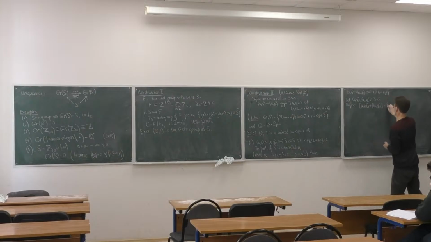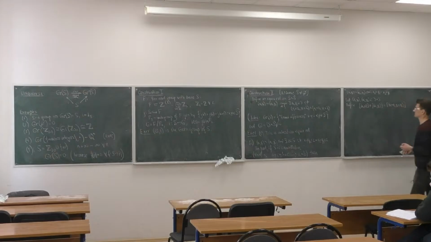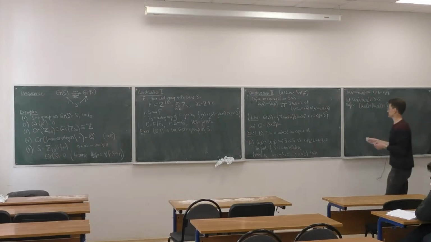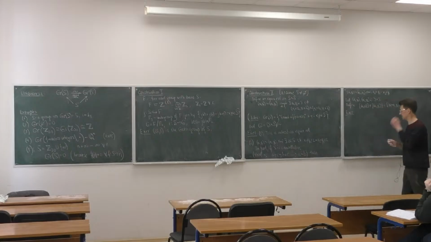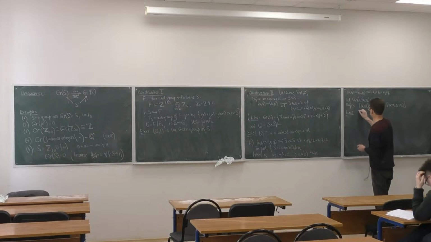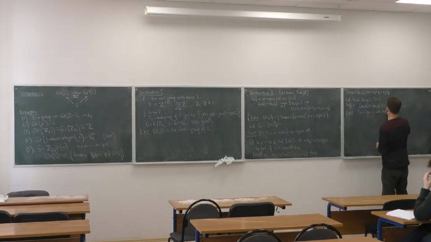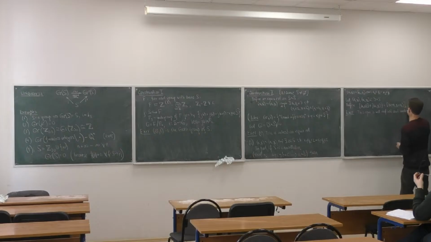We simply add them component-wise: (x1 plus x2, y1 plus y2). And again, a straightforward exercise is to show that this operation is well defined, and it makes G into an abelian group.